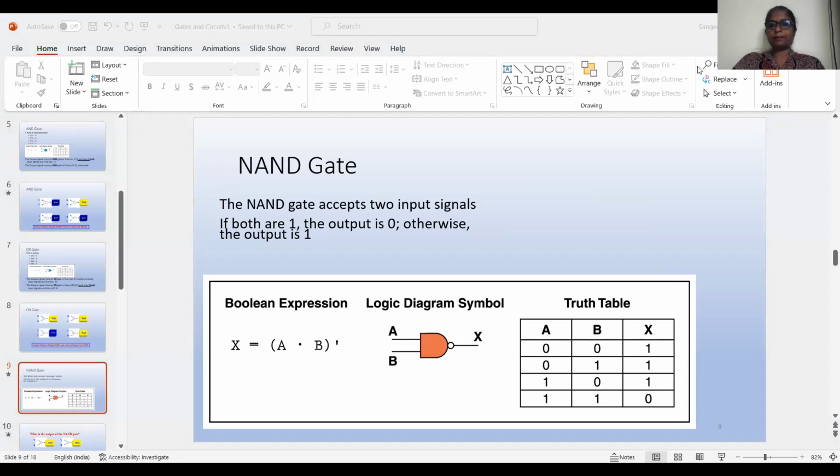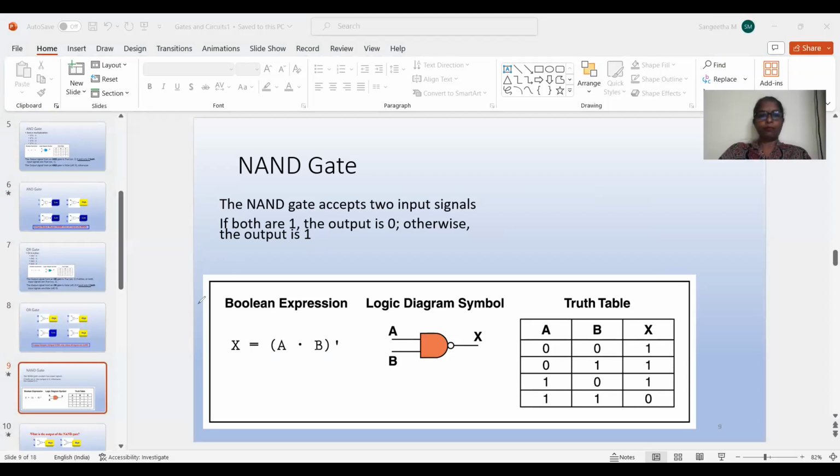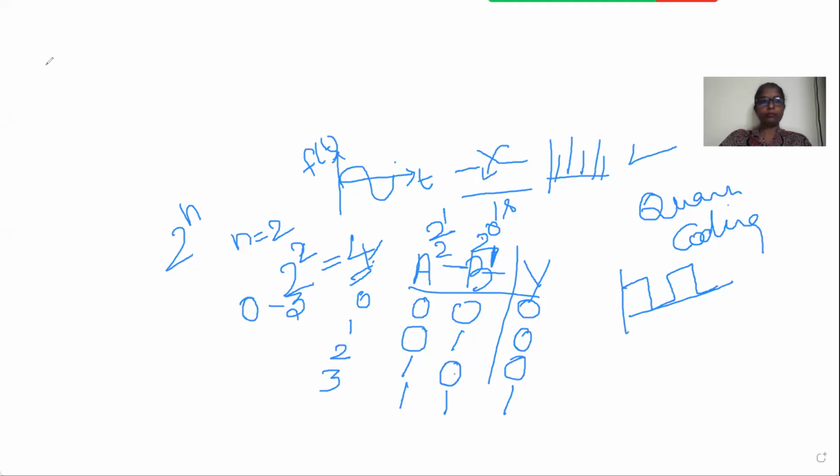A NAND gate is a two input AND gate followed by a simple NOT gate. This is the NAND gate. Okay.